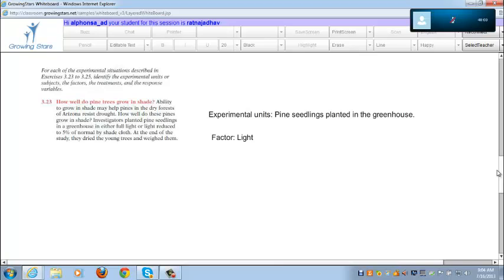So the treatments are full light, then reduced light, reduced to 5%. Then a response variable. What's a response variable that we measure? The weight.